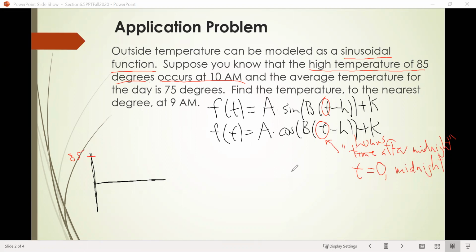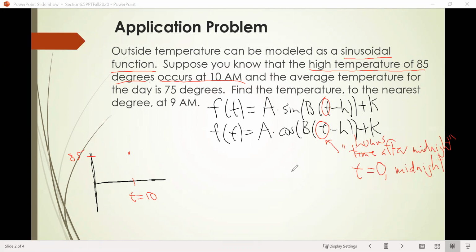And that's going to happen at 10 a.m., which is 10 hours after midnight, which means when t equals 10. So that's where we're going to hit that max temperature.